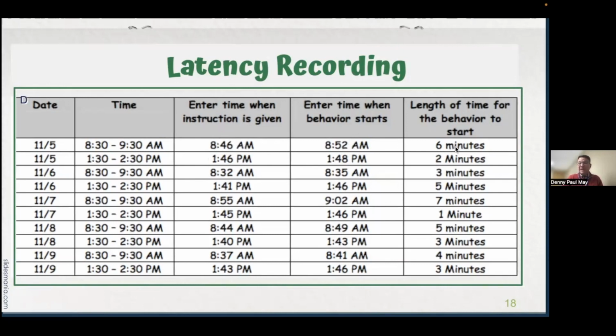So there's a 6-minute latency, and we're trying to decrease that latency. We want them to respond quicker, right? And so we start taking that over time. We've got 2 here on the 5th and 2 on the 6th. We're taking that a couple of times a day. You can see the example here of how important it is to take more data with behavior lots of times in order to get a true representation of how the student is doing.